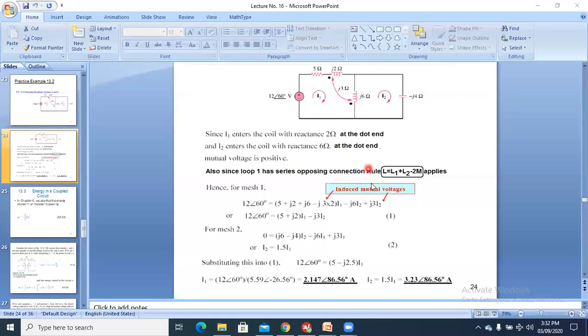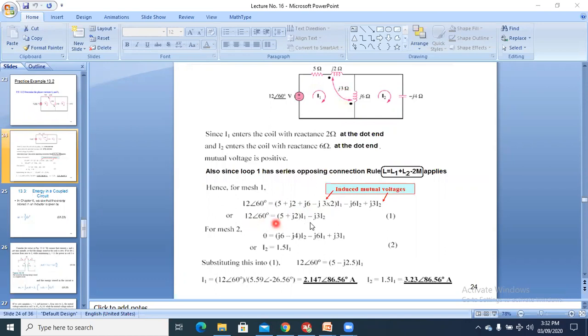So the value of this series opposing connection is L1 plus L2 minus 2M. So the value is j2 plus j6 minus j3 into 2, so it's minus 2M. So these are the mutual voltages due to this mutual inductance j3 ohm.